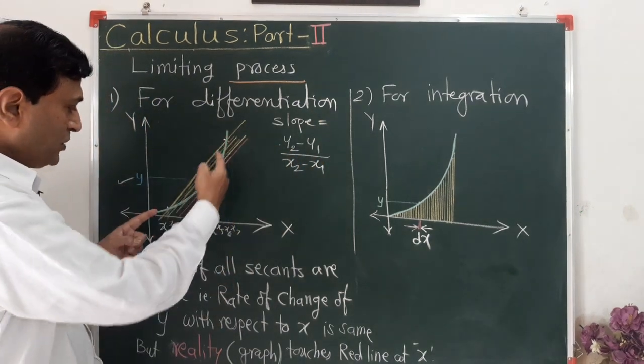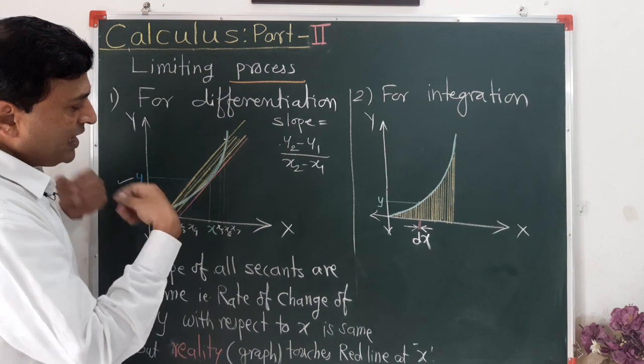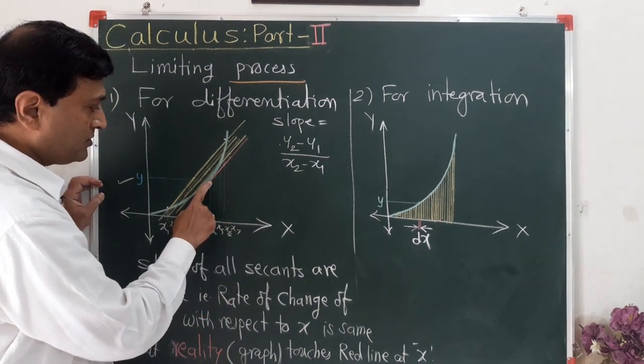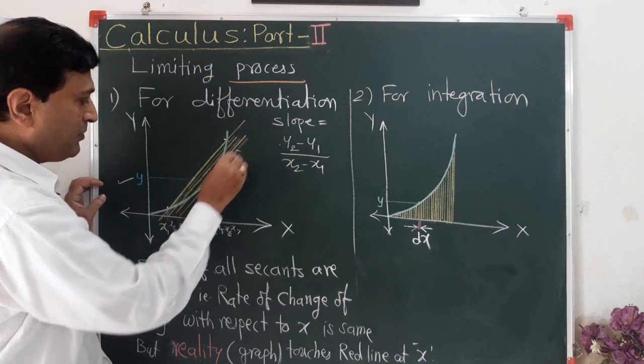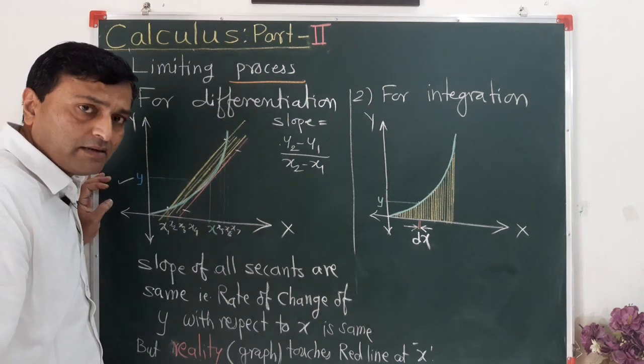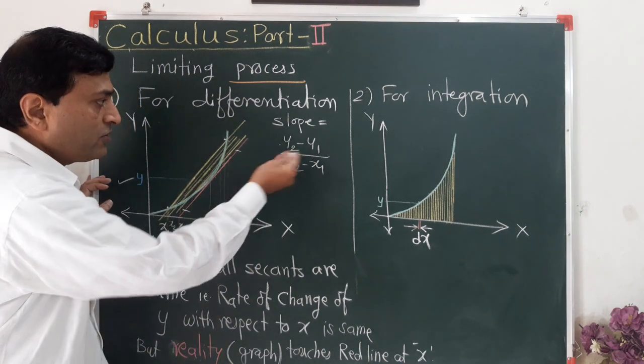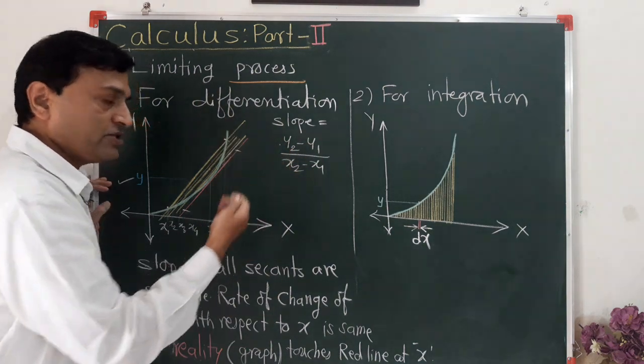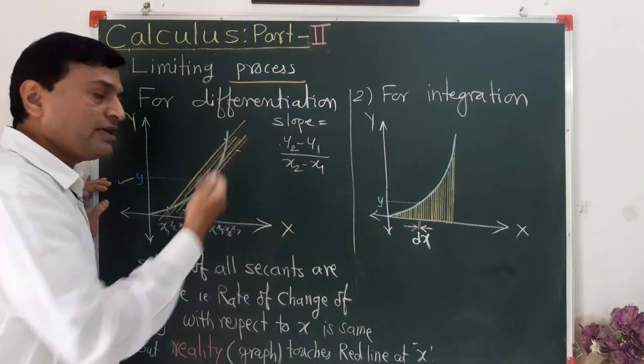But you have to take any 2 points. For any line you can obtain slope. Now for this point, suppose you want the slope, then take any 2 points on this red color line and find out y2 minus y1 upon x2 minus x1. This is called differentiation. This is called derivative.